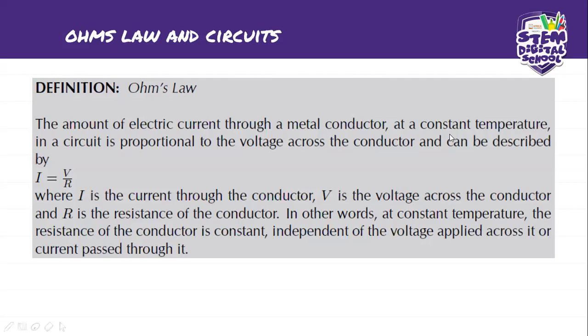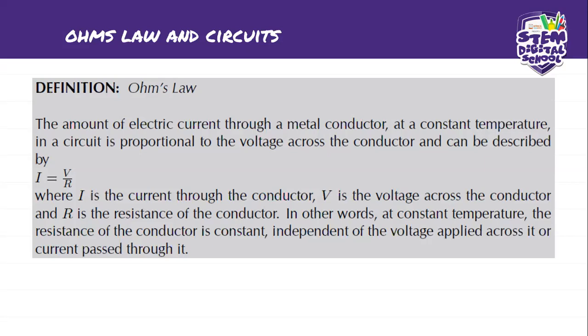If it's not a constant temperature, then you use the other formulas. The current through a metal conductor at a constant temperature in a circuit is proportional to the voltage across the conductor and can be described by I equals V divided by R, where I is the current, V is the voltage across the conductor, and R is the resistance of the conductor.